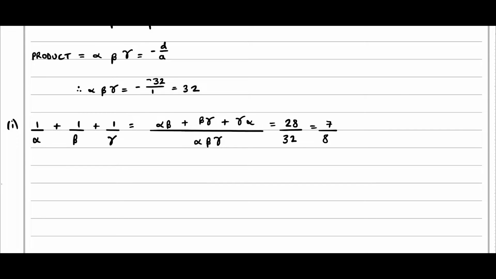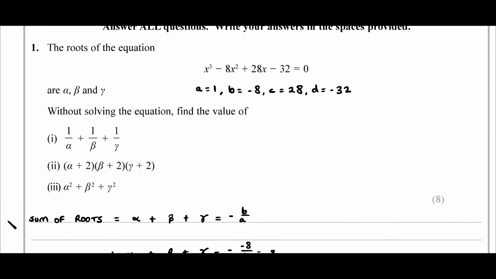For the next part, we have to find the product of alpha plus 2 lots of beta plus 2 lots of gamma plus 2.